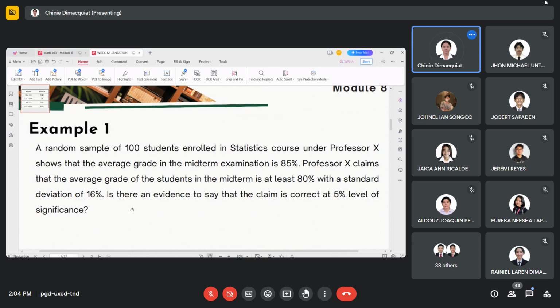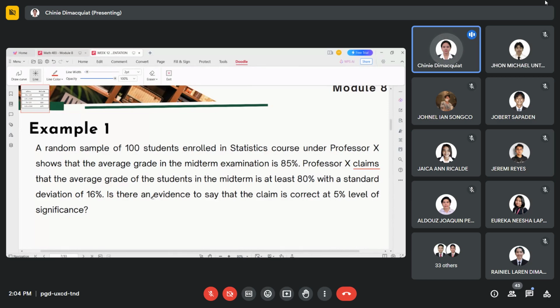Dito, may mapapansin kayong keyword na claim. Meron tayong keyword na claim dyan. Ibig sabihin, dito sa part na to, nandito lang yung ating null and alternative hypothesis.